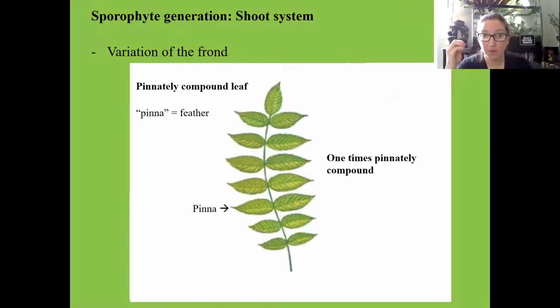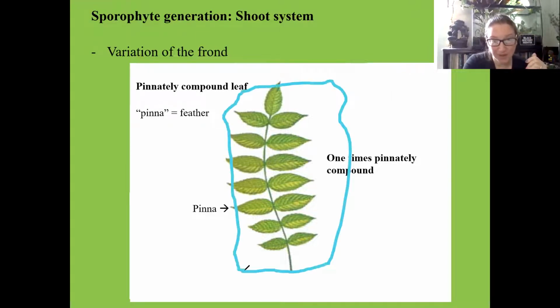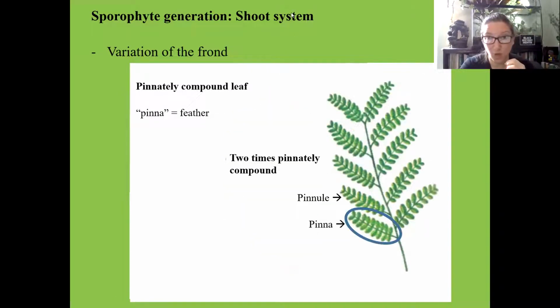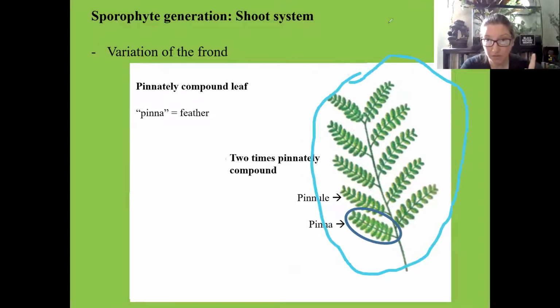When you are pinnately compound, you can name the parts, so let's put it this way. I really want you to get this. This whole thing is a leaf. That whole thing is 1 leaf. This is 1 single leaf.